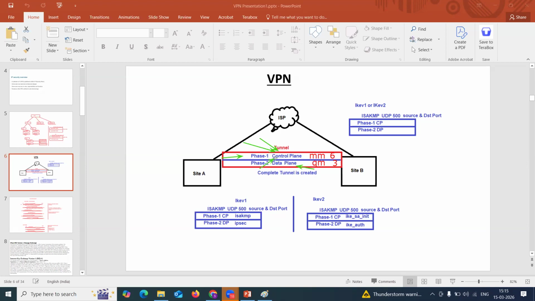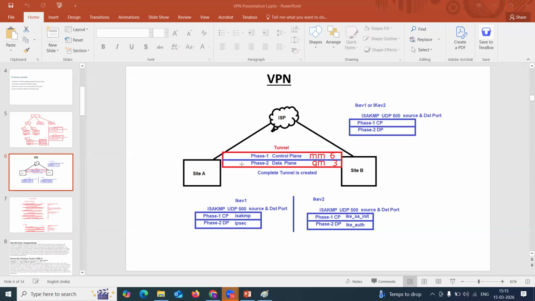If your control plane is established, only then will phase two get established. If the control plane fails, your data plane will also fail. So while establishing a tunnel, first the phase one tunnel gets established, then the phase two tunnel. Understood?